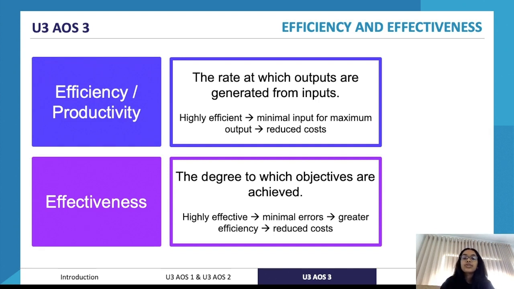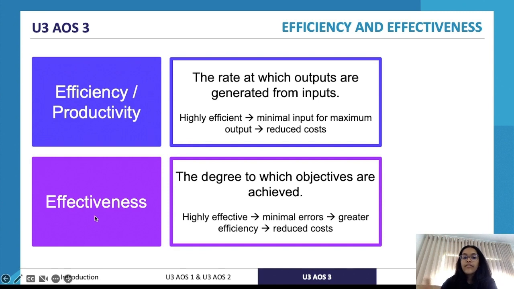And so that's going to reduce costs, because maybe that means that they're getting their work completed quicker, and the business doesn't have to pay as much for their labor expenses, because the time that they take to complete tasks is reduced. So that could be an example of efficiency. So it's either reducing your inputs and creating more outputs, or using the same amount of inputs and creating more outputs as well.